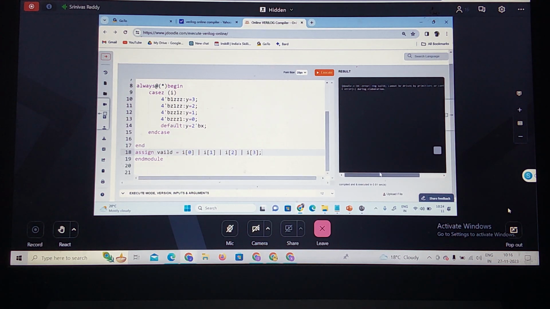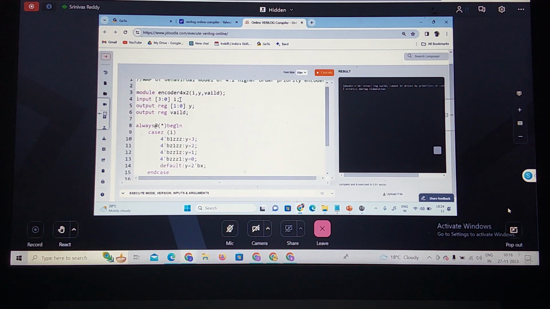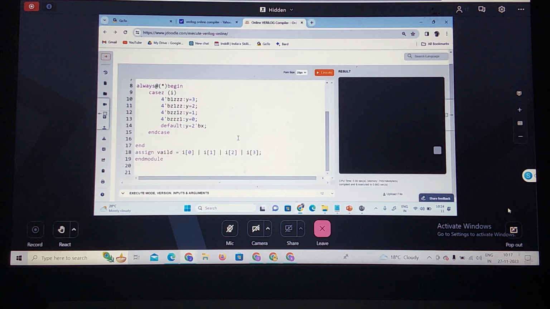Then it is saying the reg valid cannot be driven by the primitive or a continuous assignment statement. Then what do I need to do here? I need to declare this as a wire data type. By default, now this valid is what data type? Wire data type. Now this is fine. Did you understand what couple of errors I am getting here? So I am doing the mixed mode modeling technique here. This is for what?